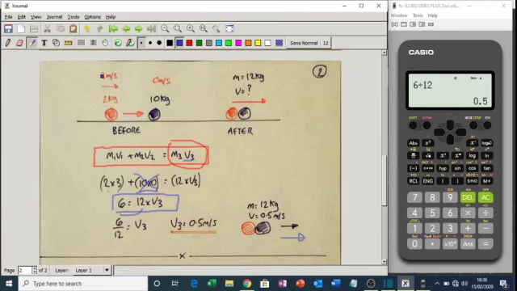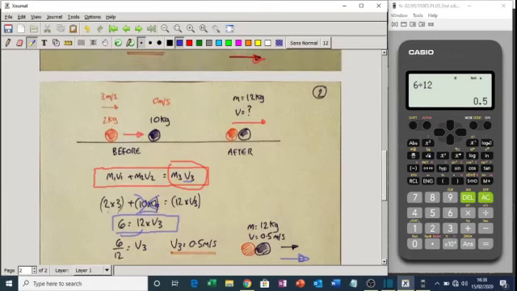It has got a bit of a velocity, so the momentum afterwards will provide a velocity of 0.5 meters per second going this way. So what we've used there is m1v1 plus m2v2 equals m3v3. Put your numbers in and then calculate v3.